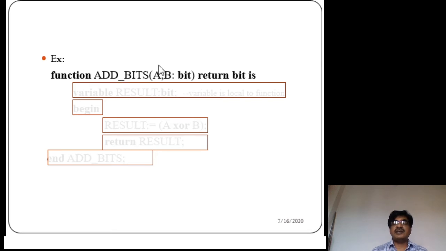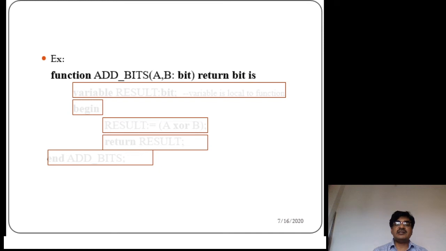Next, the parameter list. Here there are two parameters, A and B. In the syntax we have seen signal name colon data type, isn't it? So here A and B are the signal names, and the data type is bit. Then closing bracket, return type again bit, is. This is the first line.